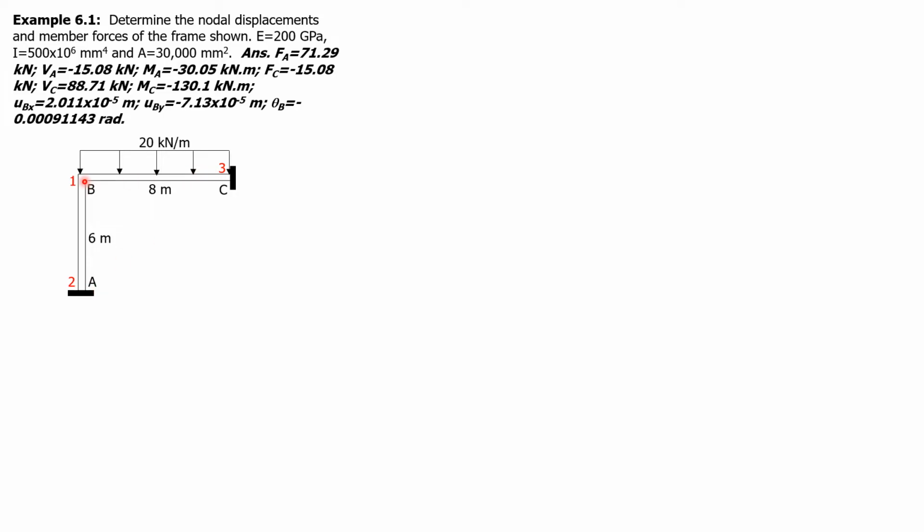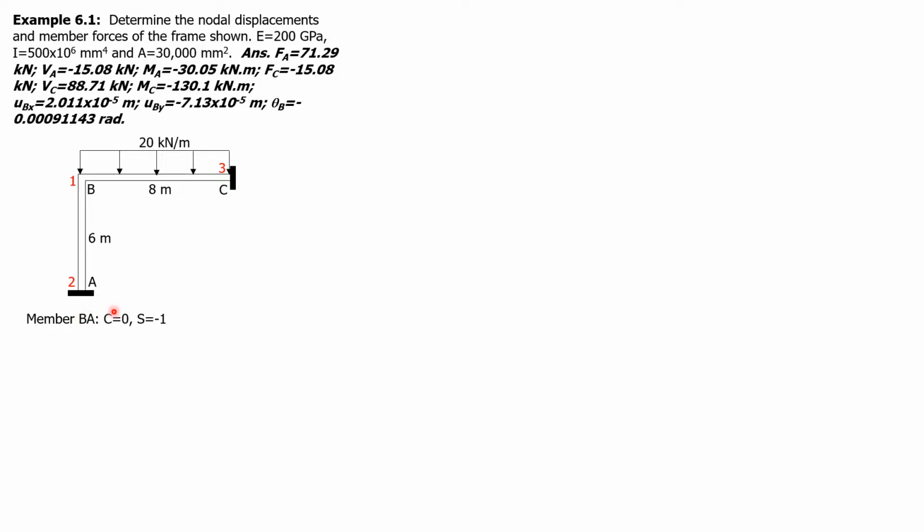So we have member 1, 1 to 2, BA, and member 2, 1 to 3. For the stiffness of member 1, 1 to 2, or BA, this is B to A, supposedly.